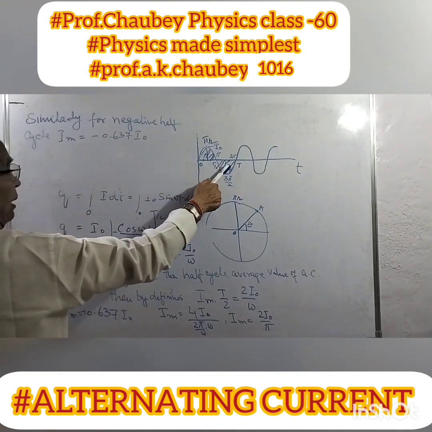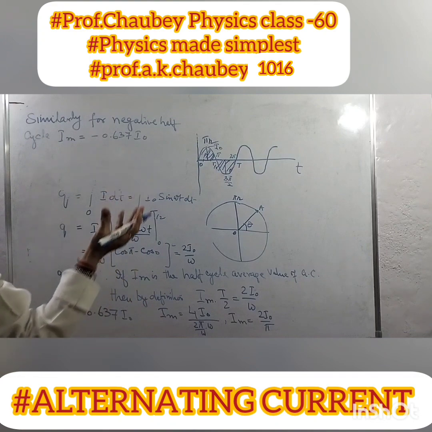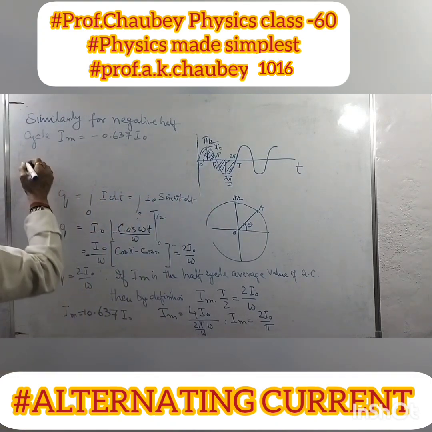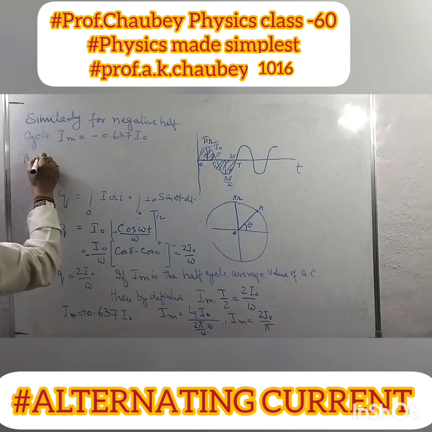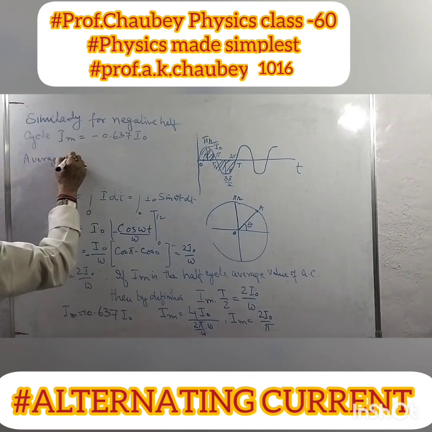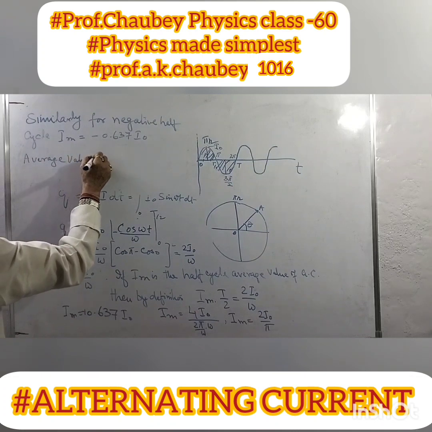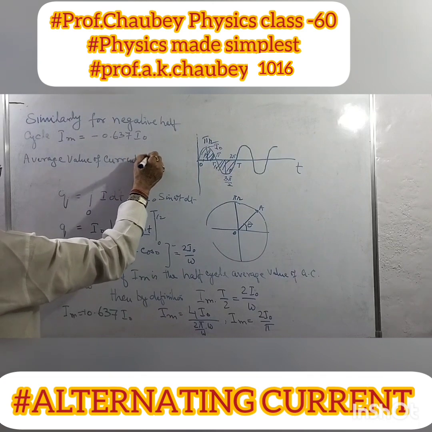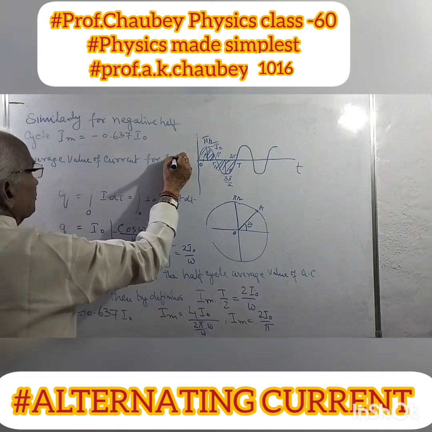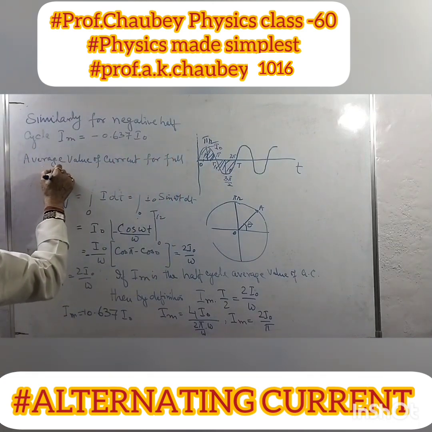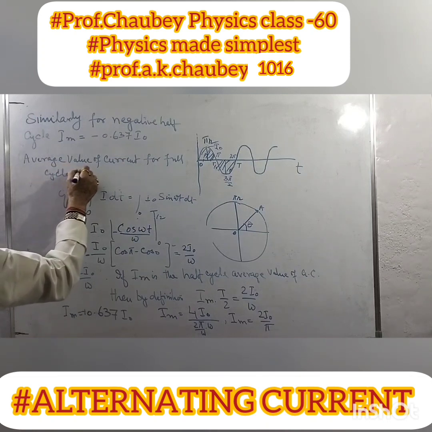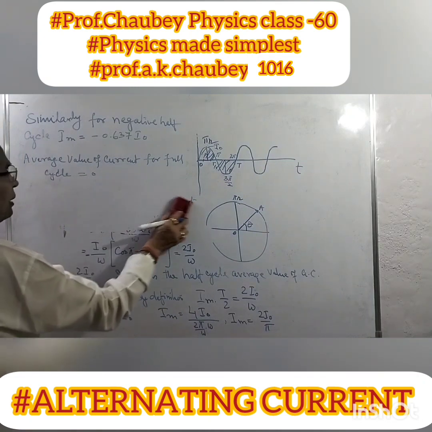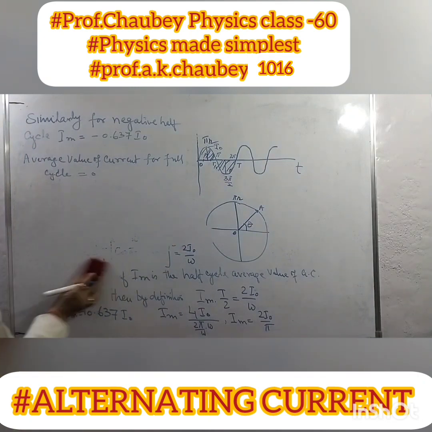This is minus and that is plus, same value, because the time period is the same and the maximum amplitude is the same. So the average value of current for the full cycle is 0, because a positive half cycle is followed by a negative half cycle.